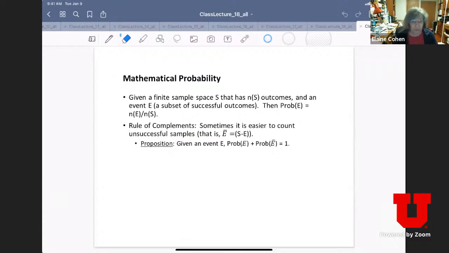So the rule of complements says that the probability of an event E, remember an event is a subset of possible outcomes, plus the probability of its complement, the probability of it not happening, equals 1. Remember, 1 is the biggest probability there can be. That means it's totally happening.